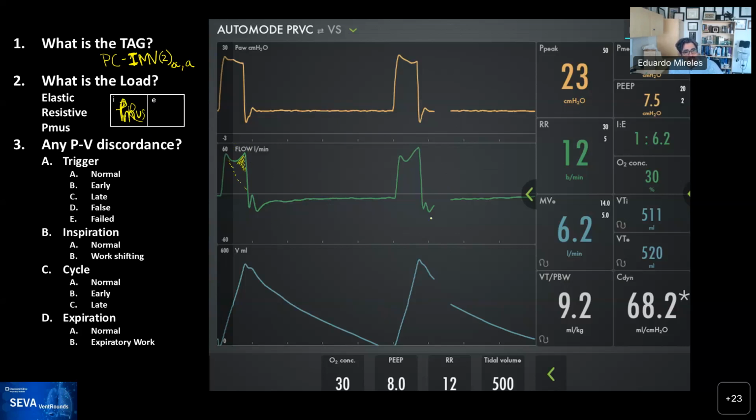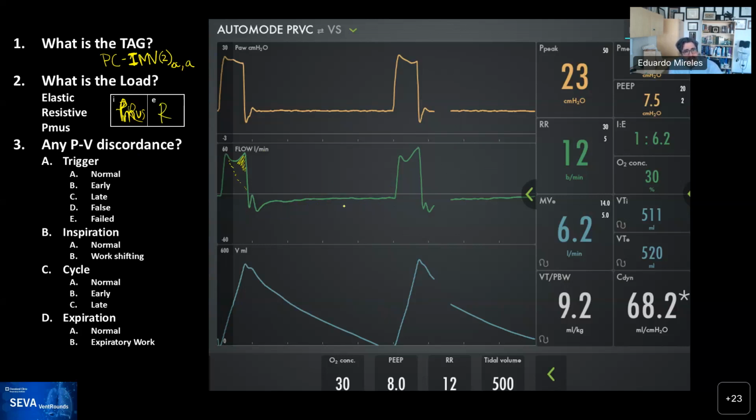You would have to detect that at the bedside to see if that's the case. But here there is severe flow limitation that creates this flow that essentially stays near baseline, it doesn't reach baseline. And then the next breath triggers, and then the patient follows up with an activation.